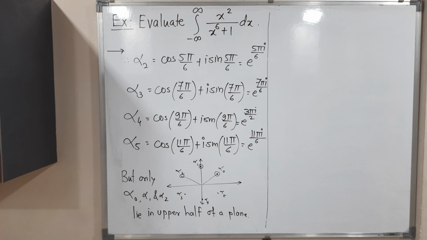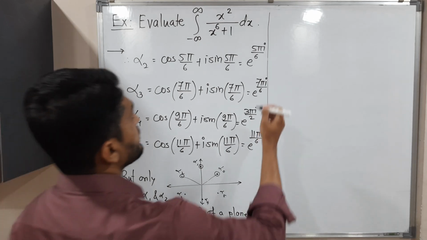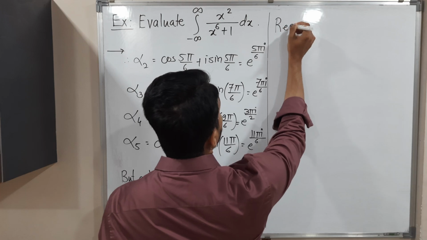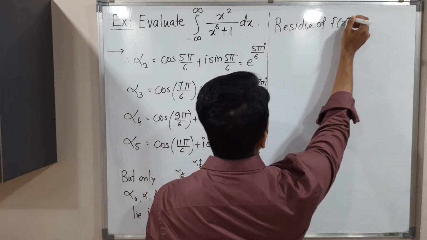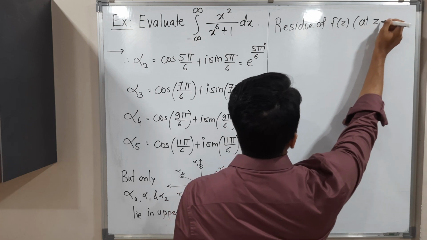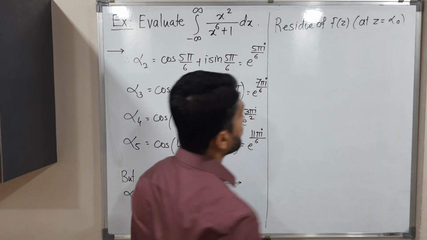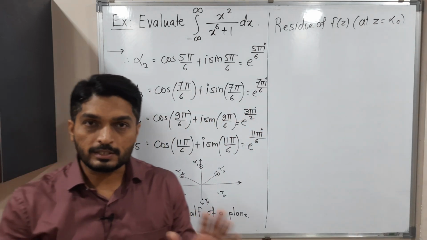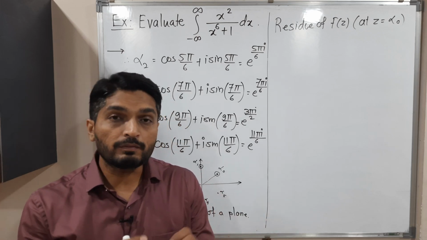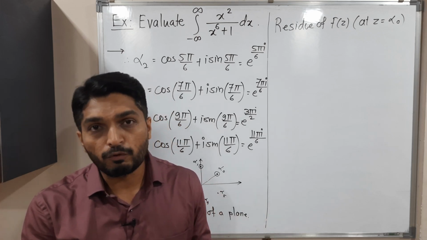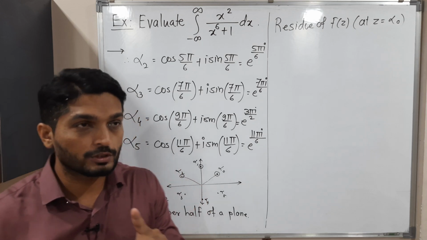So let us find residues at alpha naught first. Residue of f of z at z is equal to alpha naught. See, actually we have six different roots, and fortunately all these are simple poles. So when we have simple poles, we have a very simple formula to calculate residue, and I am going to use the same.